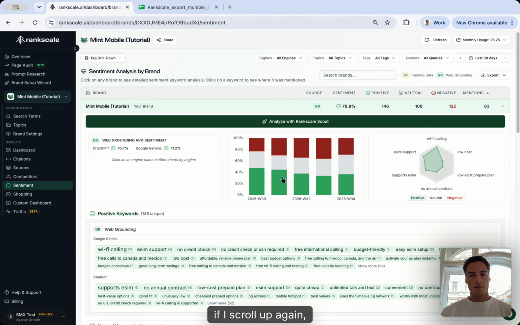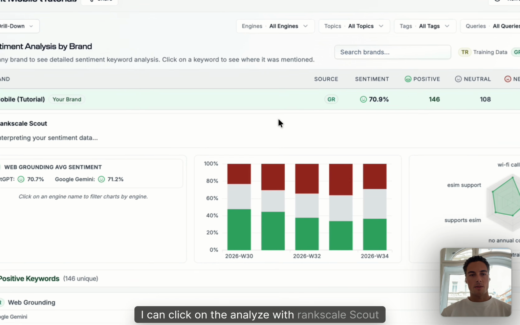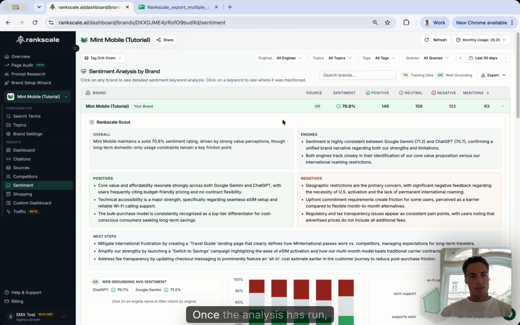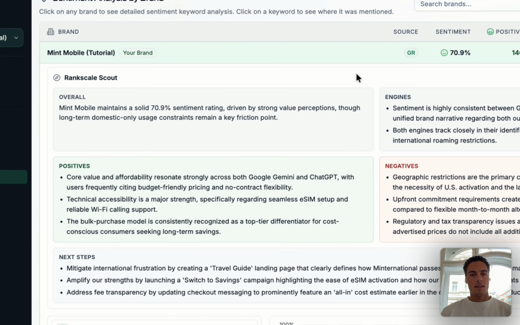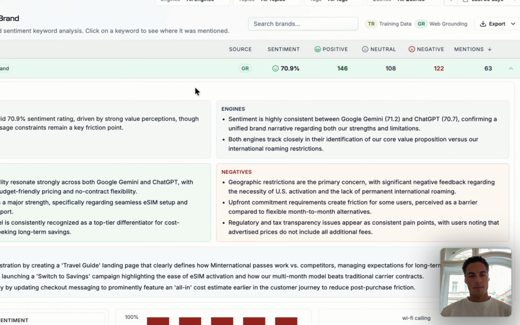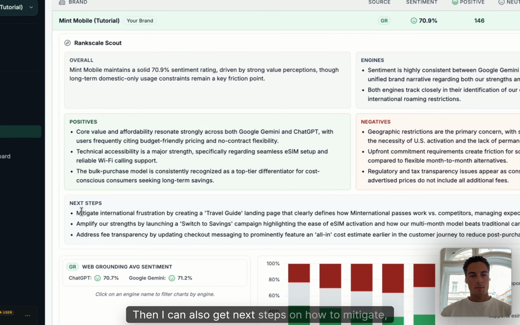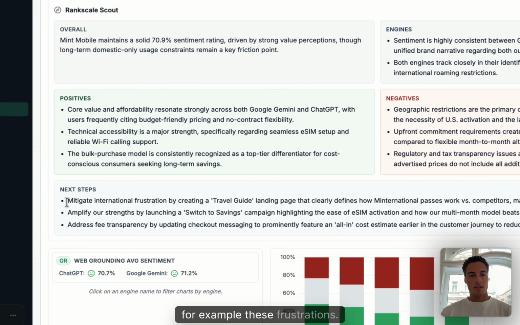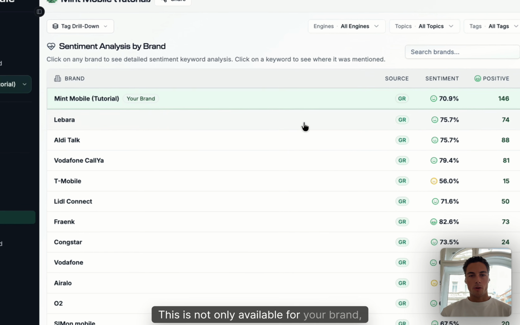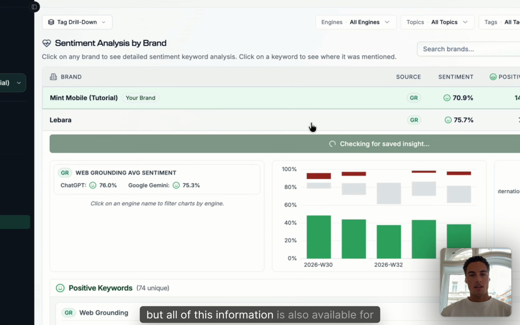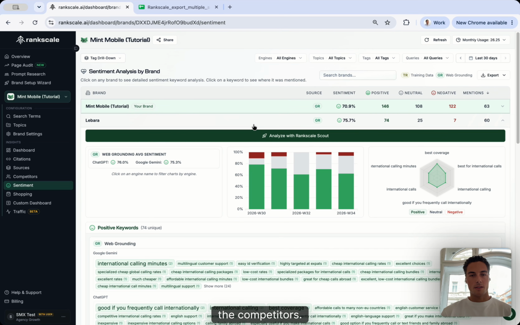If I scroll up again, I can click on the Analyze with Rankscale Scout. Once the analysis has run, I can find what is positively being mentioned about my brand, what is negatively mentioned about my brand. Then I can also get next steps on how to mitigate, for example, these frustrations. This is not only available for your brand, but all of this information is also available for the competitors.